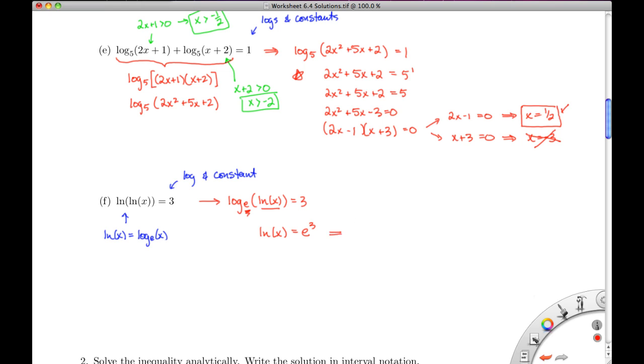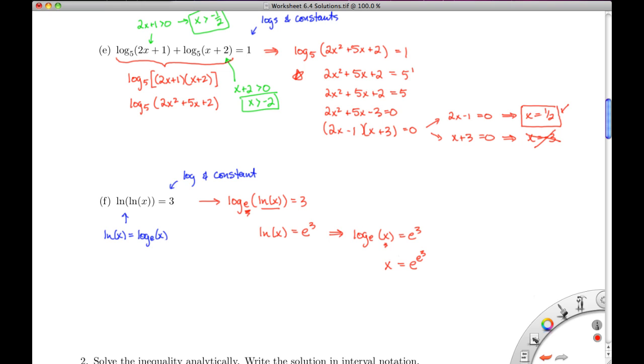Well, this is the exact same thing as the log base e of x is equal to e to the 3. E to the 3 is just a number, so we can say that our argument x is equal to our base, which is e, raised to the power of this number on the other side of the equal sign, which just happens to be e to the 3.